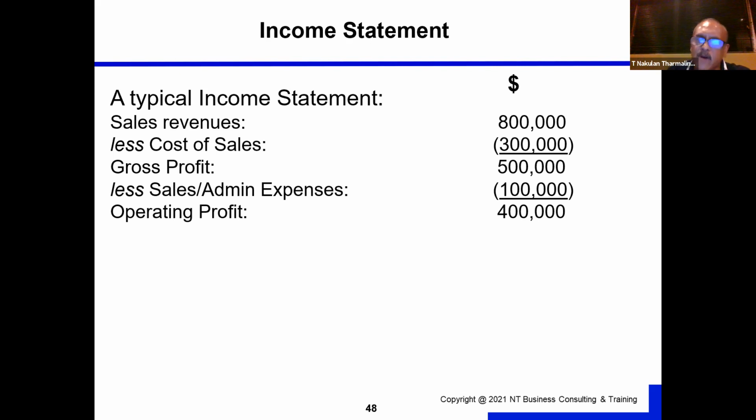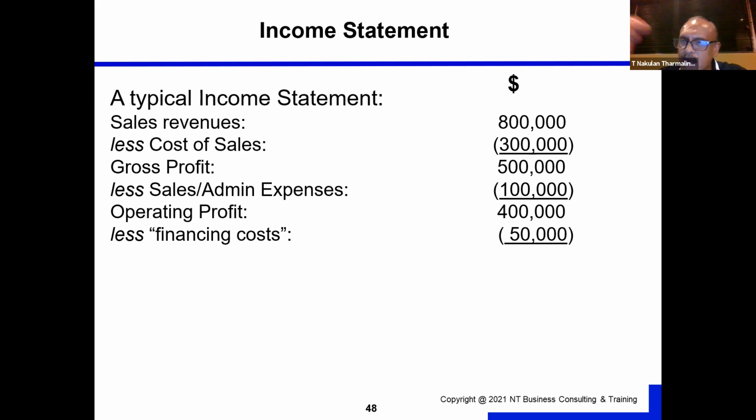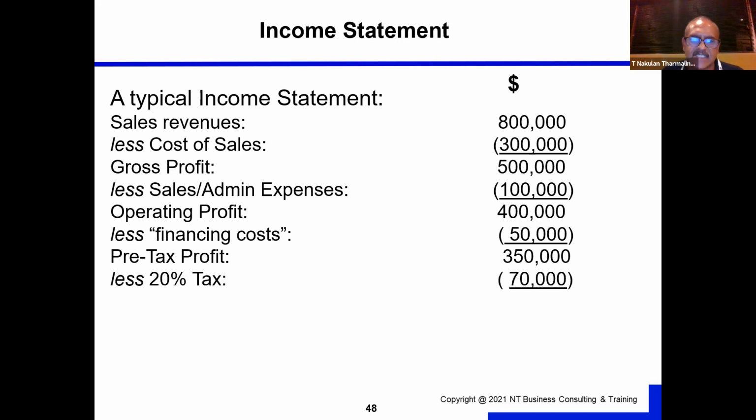Once you get your operating profit, there are further expenses to come. Financing costs. What is financing cost? It is interest expense. You take loans from a bank, you pay overdraft interest or whatever, you charge it at this line here. Then you have something called pre-tax profit. After charging all these things, this is the amount of profit which will be attracting tax.